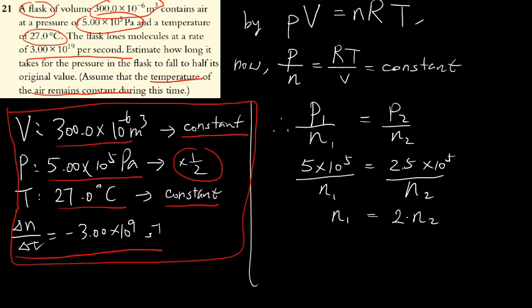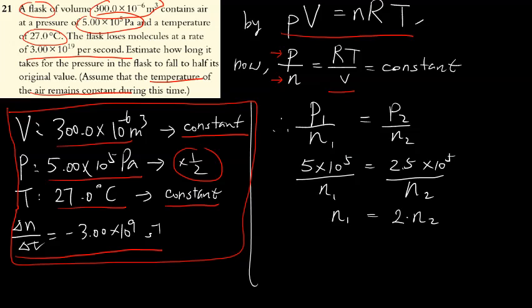And therefore you can apply the ideal gas law again, and this time you may want to rearrange the terms so that you can put all the variables, which is pressure and the number of moles, here, so that the other part of the equation on the other side, which is RT over V, will be a constant. Therefore you can construct a new equation, which I don't even think your textbook mentioned.